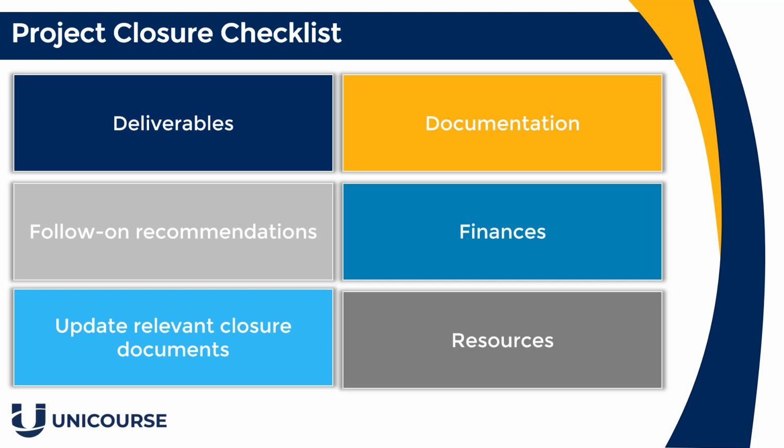And then, thinking about up-to-date relevant closure documents, as we've mentioned, such as the lessons learned report, the benefits management approach, the risk report, all included in the end project report. That documentation should be organised in a way that can be filed and archived.